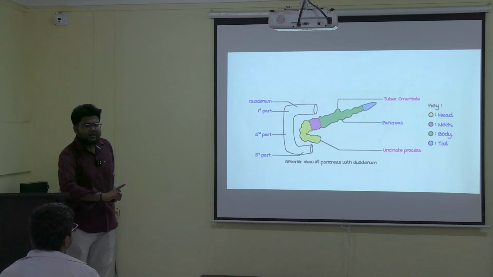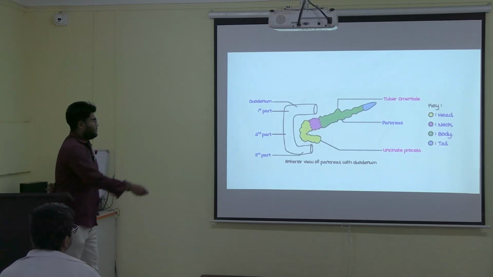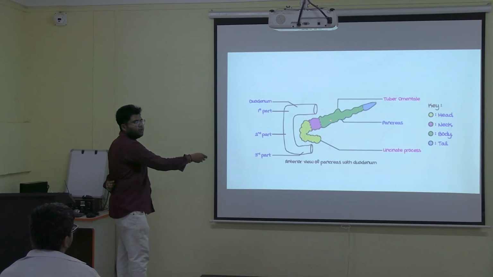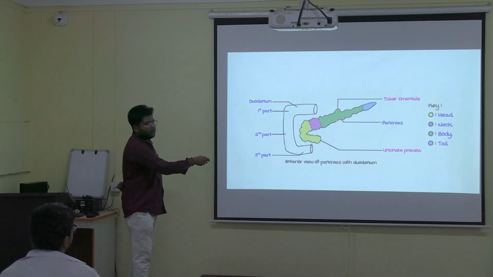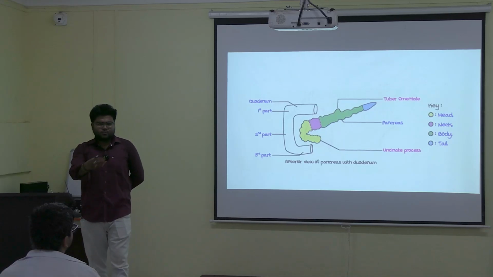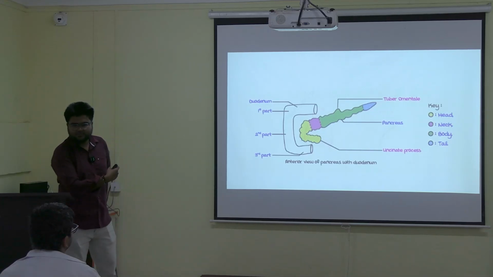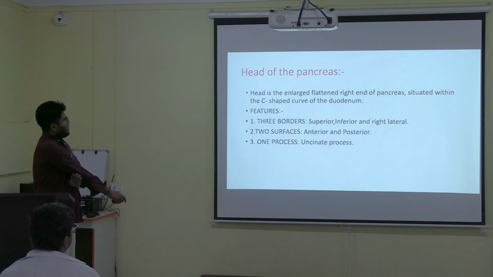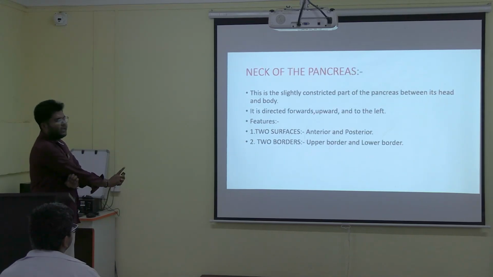So in the body part there are 3 borders and 3 surfaces. Imagine one line is present here: this is the anterior border, this is the superior border, this is the inferior border, and the surfaces are anterior surface, posterior surface and one inferior surface. And the neck has two surfaces and two borders.